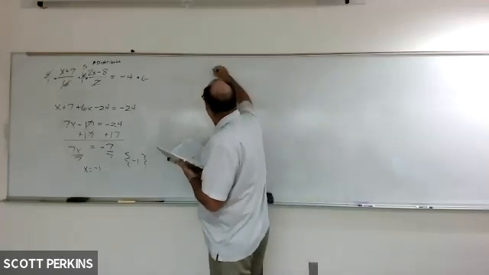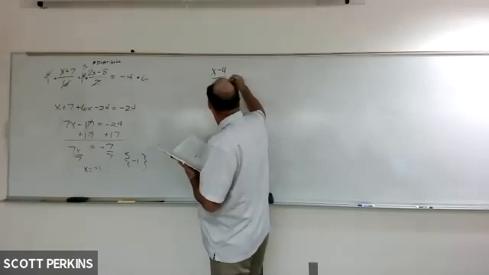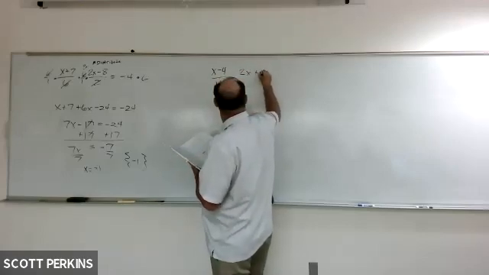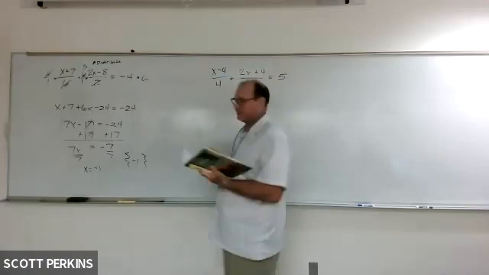Here's your problem. It looks like this. X minus 4 over 4 plus 2x plus 4 over 8 is equal to 5.